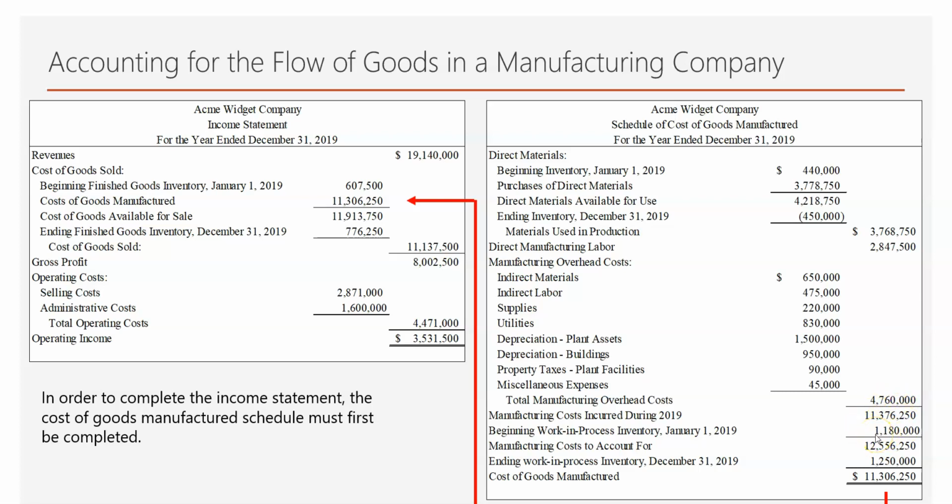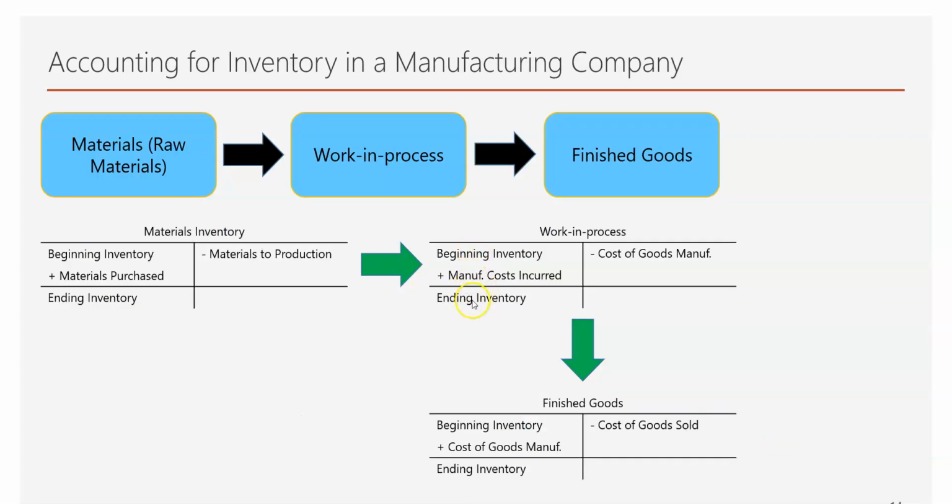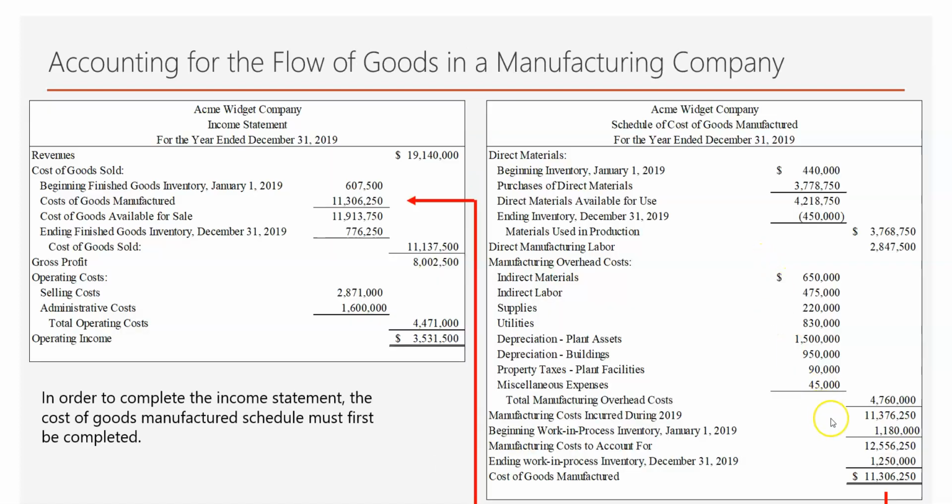I'm going to add to that beginning work in process inventory to get my manufacturing costs to account for, and subtract out my ending inventory, and that would be my cost of goods manufactured. And this amount here is what transfers to the income statement.